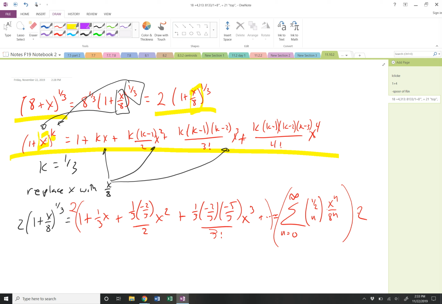But in my case, k is 1/3, so I'm going to replace k with 1/3. And I don't have an x. I have an x over 8. So everywhere there's an x, I have to replace it with x over 8. And I also have to multiply it by 2. So the way I got this expression is everywhere. Oh, dang it! I didn't replace it with x over 8, did I?